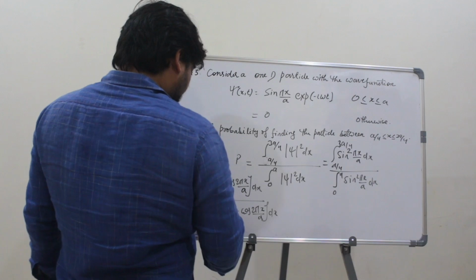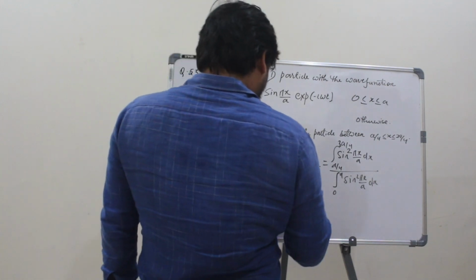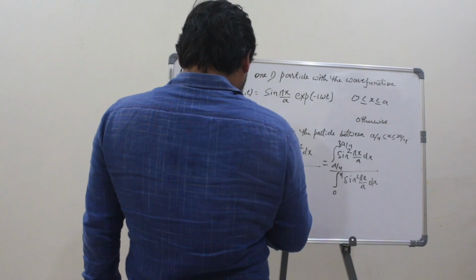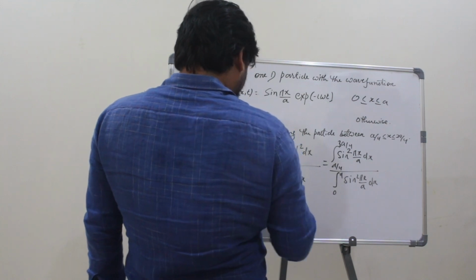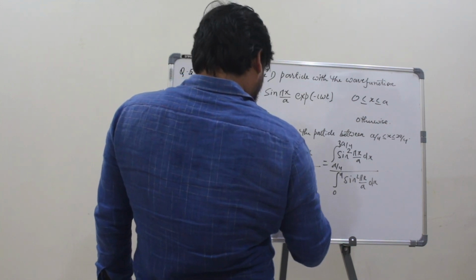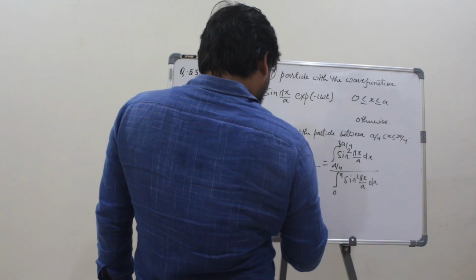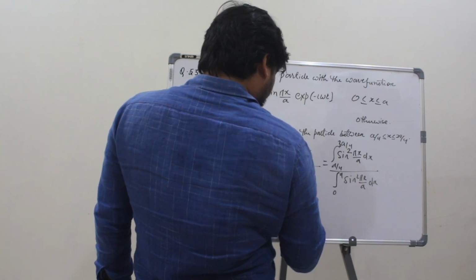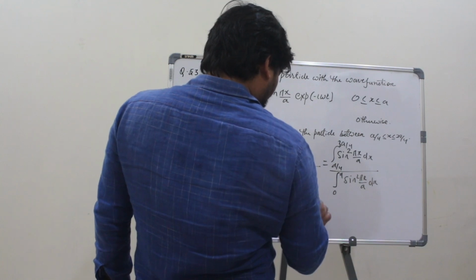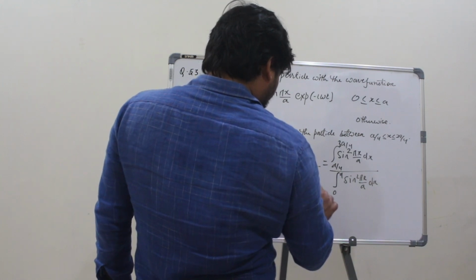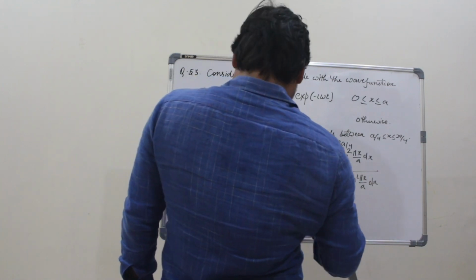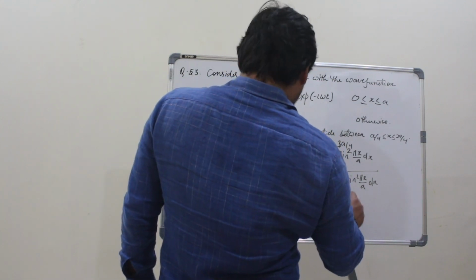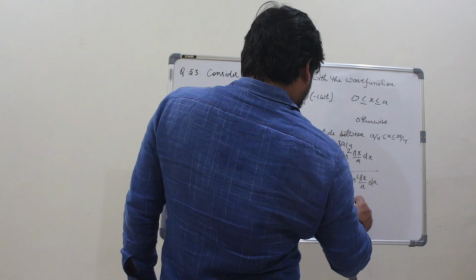Sorry, this is not a by 4, this is a. So it gives you x from a by 4 to 3a by 4, and then this gives you sine 2 pi x by a divided by 2.